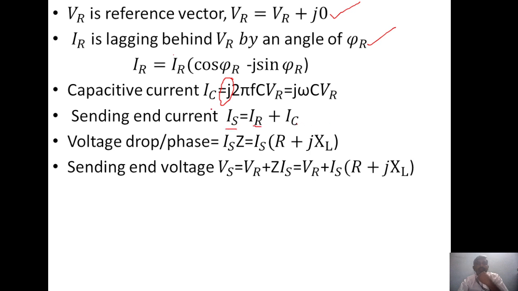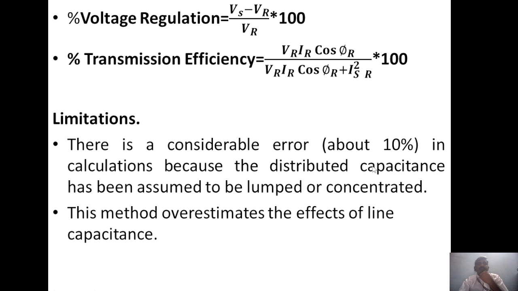The sum of IR plus IC will give the total sending end current, and then the drop across the line. One drop is Is into R, the drop across the resistance, and another drop is Is into jXL, that is the reactance drop. Total voltage equals the sum of the drops plus the receiving end voltage. Therefore, voltage regulation is Vs minus Vr by Vr into 100. Efficiency is Vr IR cos phi R divided by input power.